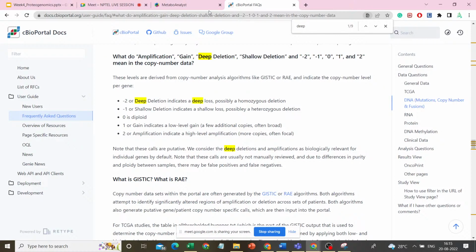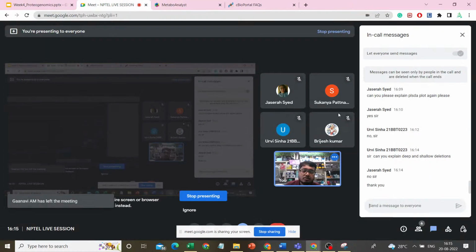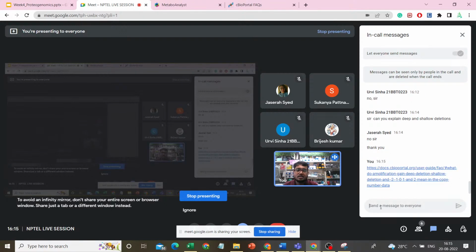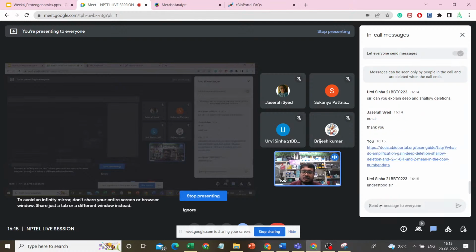This has been mentioned on cBioPortal, so you can go through it and understand. Homozygous means the deletions are in the same allele, and heterozygous means they are in different alleles.